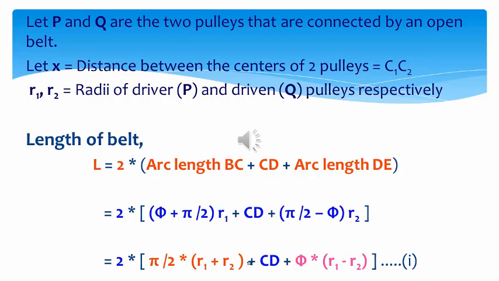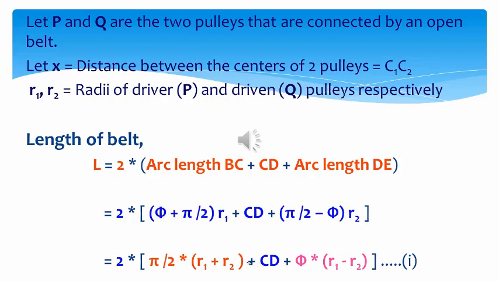You can just refer where the arc starts from B to C, plus the length CD, plus the arc length from D to E, and I am multiplying it by a factor of 2 because whatever length I have taken is half the length. So directly multiply by 2. Now arc length BC is nothing but (phi plus pi by 2) into R1, and arc length DE is nothing but (pi by 2 minus phi) into R2.